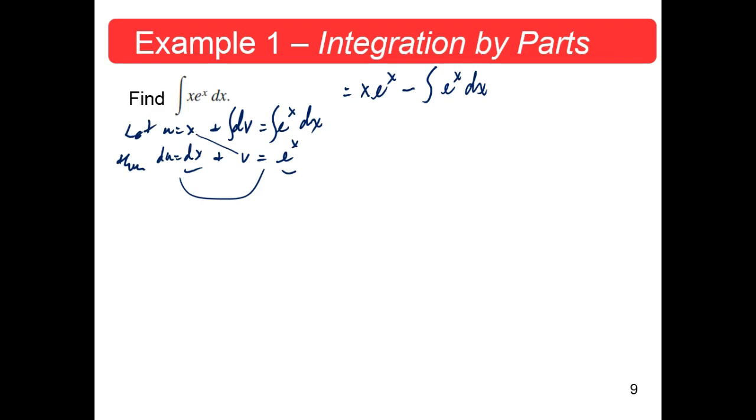Now, all we have to do, this is x e to the x, and what's the integral of e to the x dx? E to the x. But one more thing: plus c, because that's an indefinite integral.